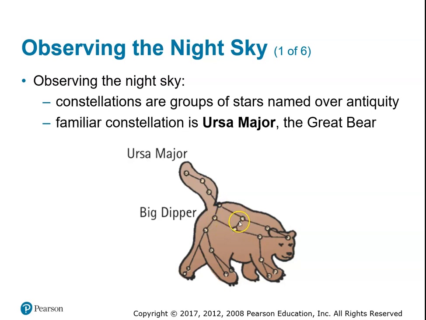These 2 stars right here point to the North Star, which is very important for navigation purposes. Before humans had GPS, the global positioning satellites, they used the North Star, and we still use it. The reason is it's a relatively bright star.